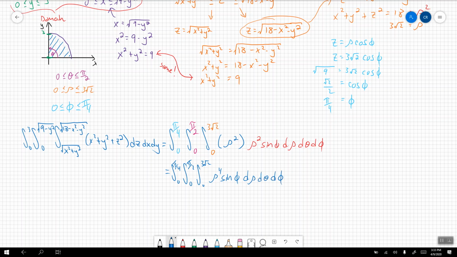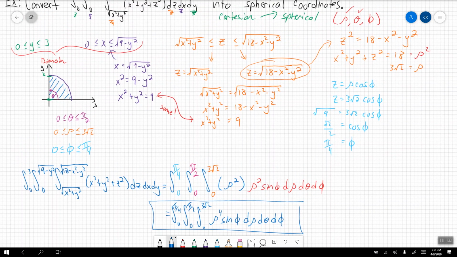And that's it. This is our final answer. When it asked us to convert, that's all we needed to do, just convert into that system. So again, all of the work was right up here. I showed all the work to get us down to that point, and that's pretty much it. So that is a method of triple integrals using spherical coordinates.